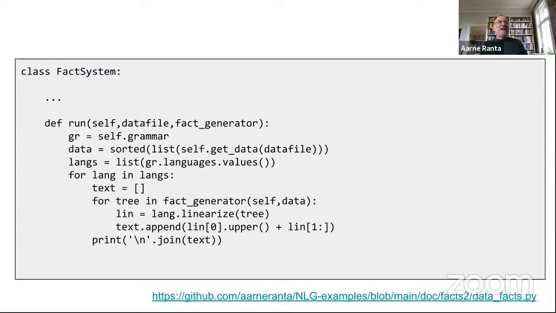surprising here. And then you have another method for running the fact system with some data file and some fact generator. And the fact generator itself is a function that turns data into a list of trees.